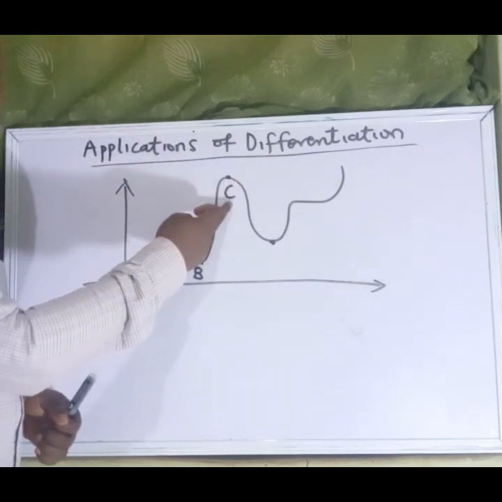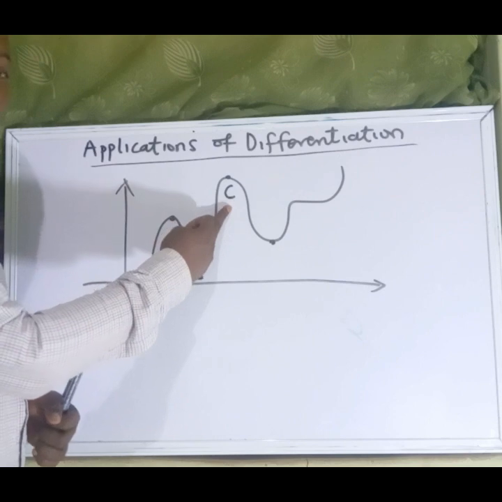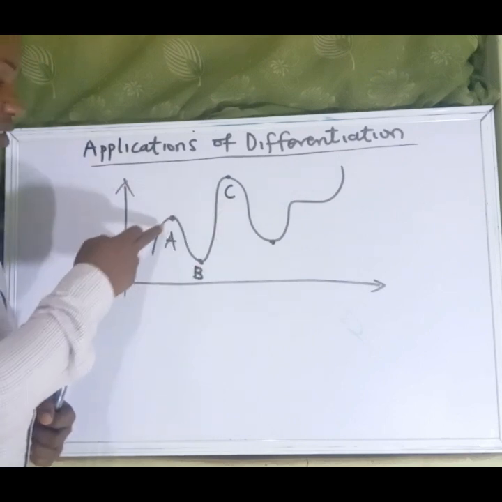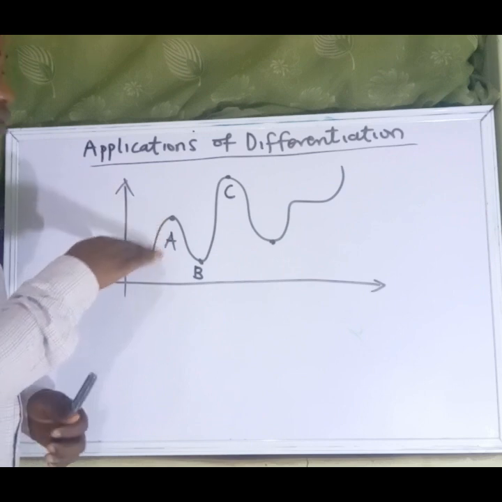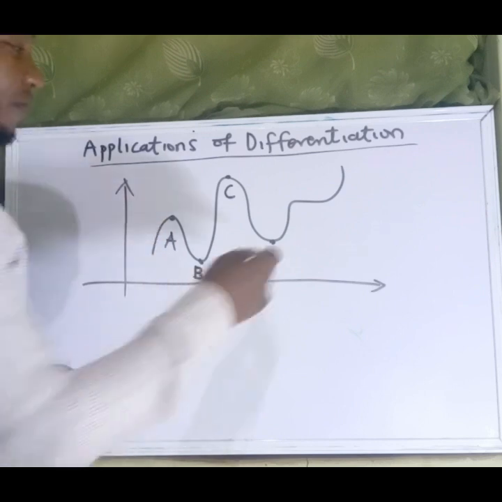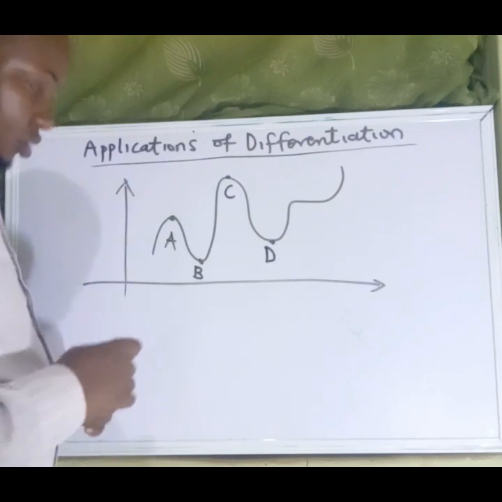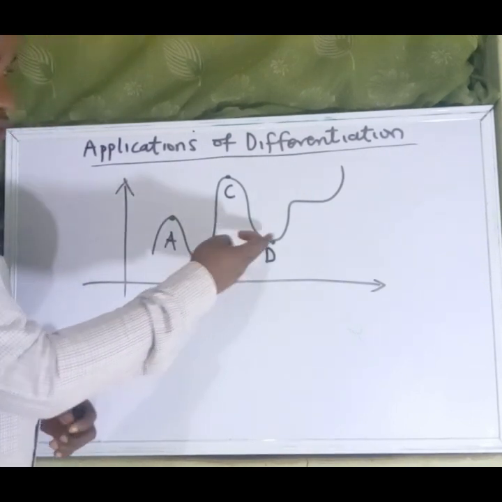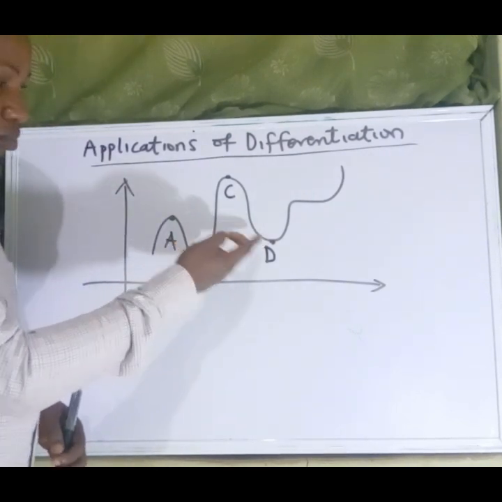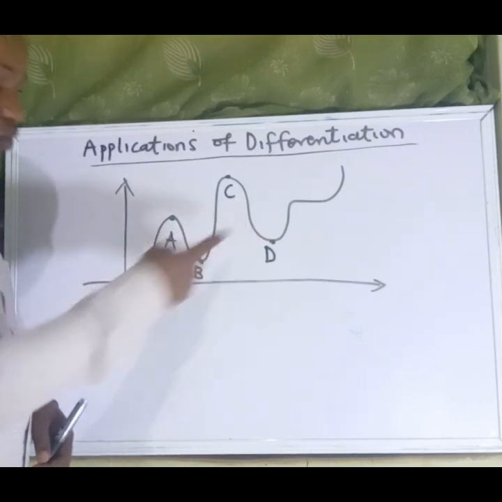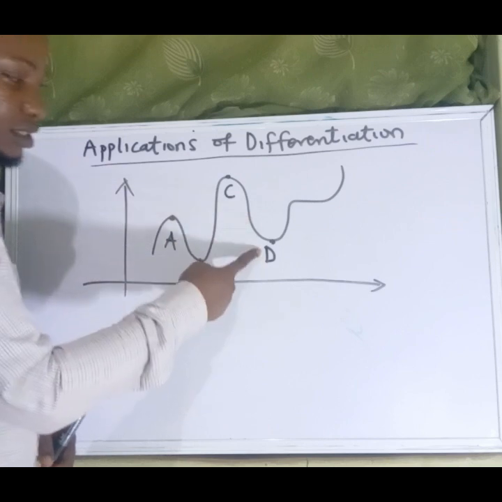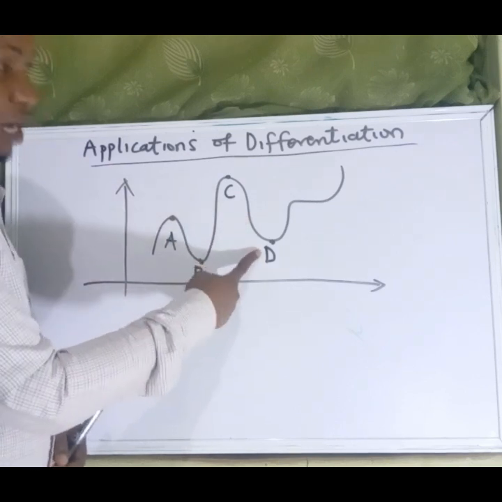So the one that is greater we refer to as the global, and the one that is lower but maximum is called local. And again, point D, though it is a minimum, there is a minimum which is lower than this. So this becomes the global minimum, and this is the local minimum.